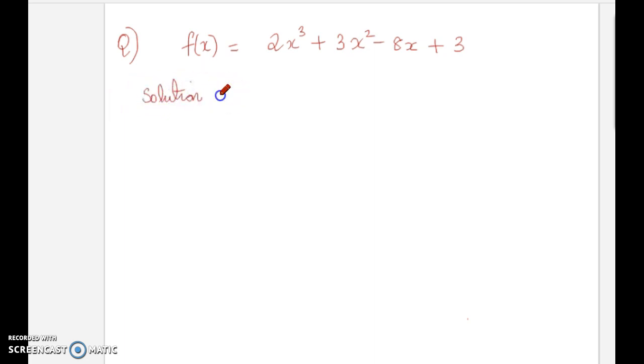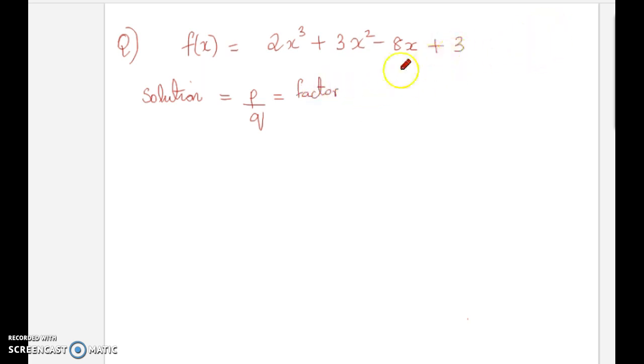What that means is, let's do an example now. For example, let's do the question that we were talking about before. Let's say f of x is equal to 2x cubed plus 3x squared minus 8x plus 3. So what the rational test says is that every solution of this equation will be of the form p over q in such a way that p will be a factor of the constant term.